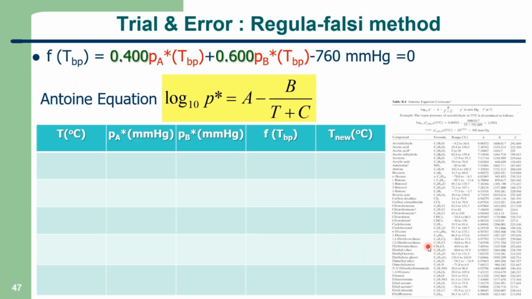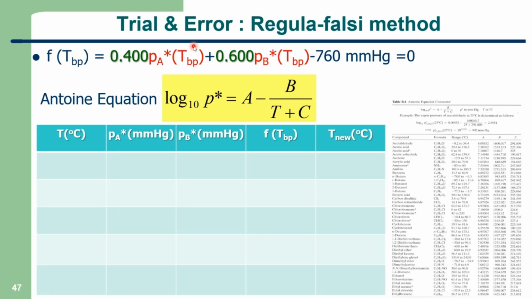Okay, let's do it together. So this is the equation here. And in your final exam, I will give you a start point. I will say, start from 95 Celsius, or start from 80, or the range is from 80 to 100. So I will give you a range, and you start to do a trial and error.